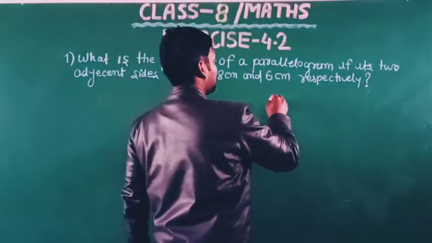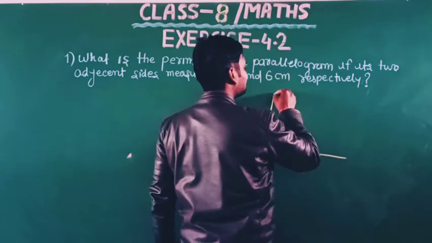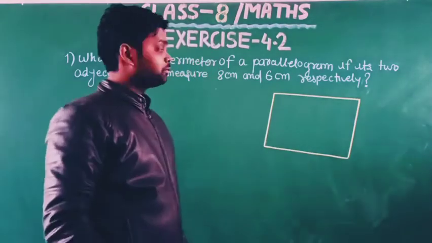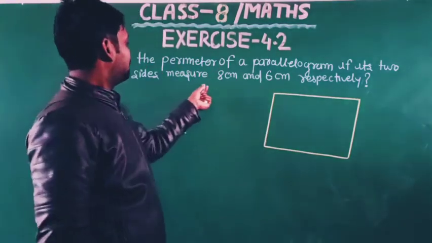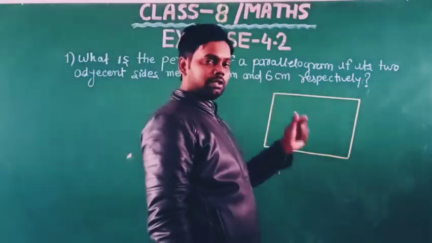So we have to find the perimeter of a parallelogram whose adjacent sides are given, which is 8 centimeter and 6 centimeter.